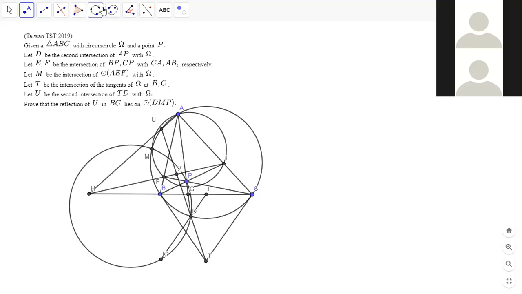Just by looking at it. Maybe you meant AD. Yeah, I'm not sure. But let me know if you can find why U prime, D, and I are collinear. That's true by the Symmedian theorem.